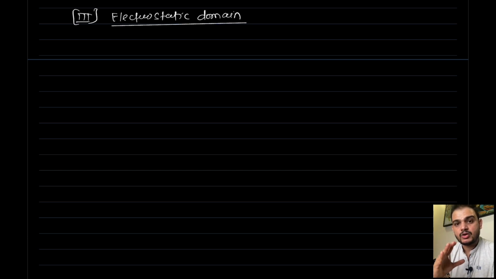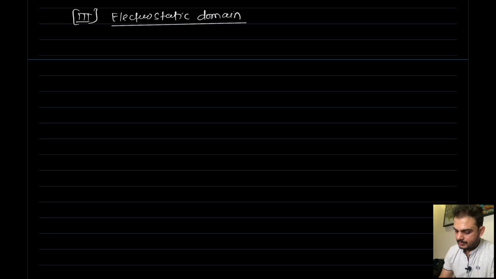But for the time being, always remember electrostatic domain means capacitor, or condenser. Here we will see our fifth and sixth Ohm's law for the capacitor.